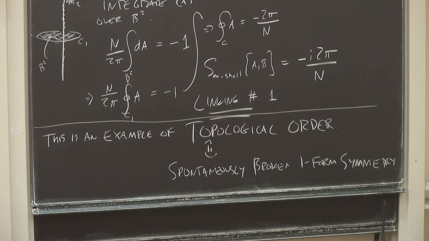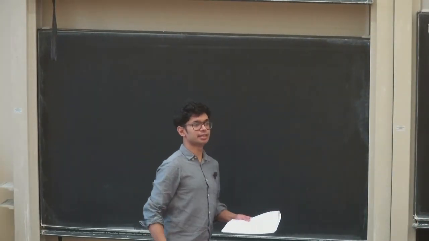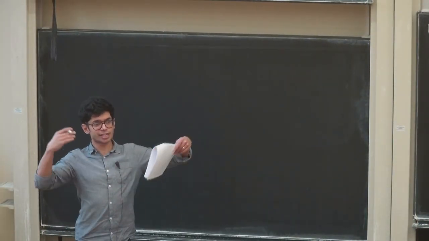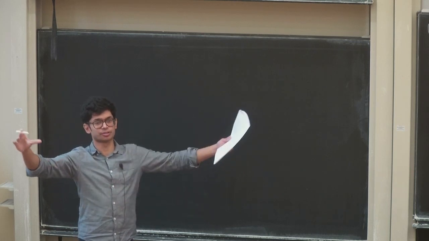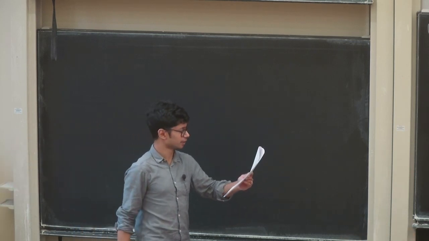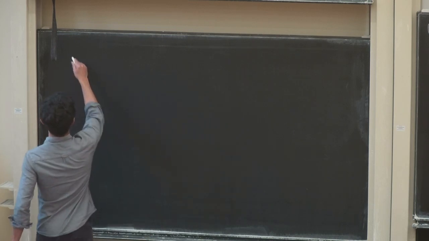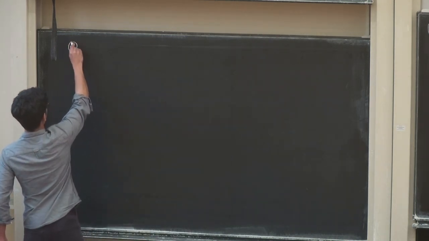So now I want to talk about ground states. One of the hallmarks of topological order is that the physics of the system depends on global properties of the manifold that we're thinking about. For example, let's talk about normal zero form symmetries.